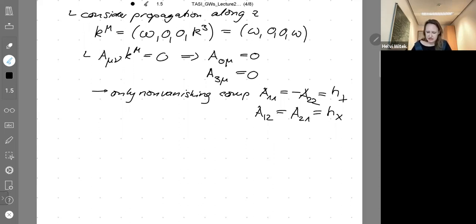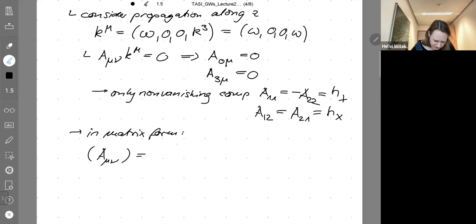If I write that in matrix form, we will have the following: our polarization matrix A_μν is given by H plus, minus H plus on the XX and YY components, H cross on the 1,2 and 2,1 components, and everything else will be 0.